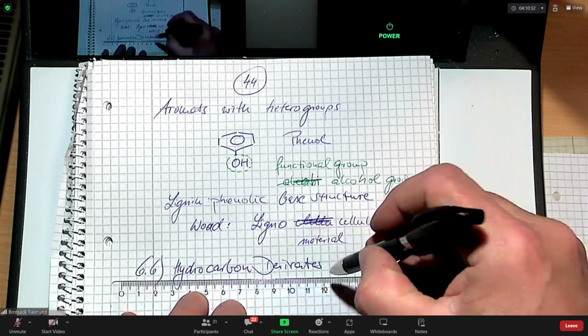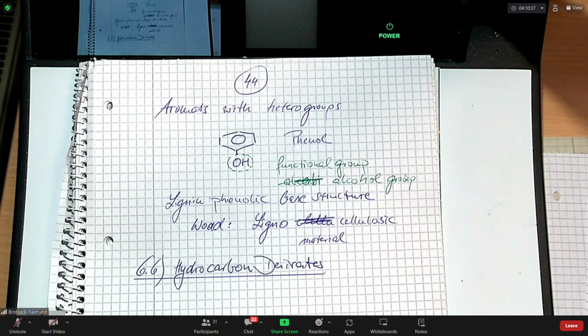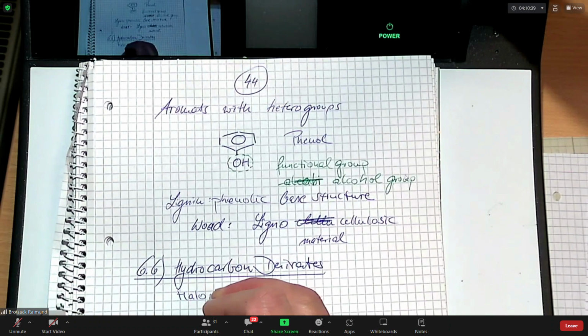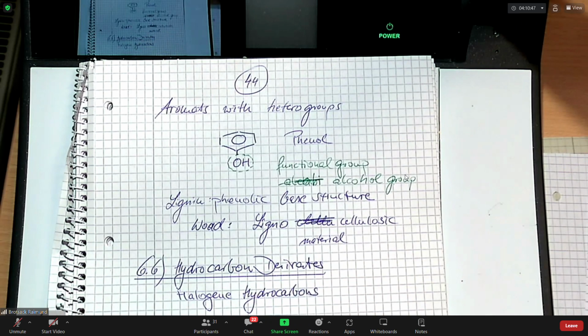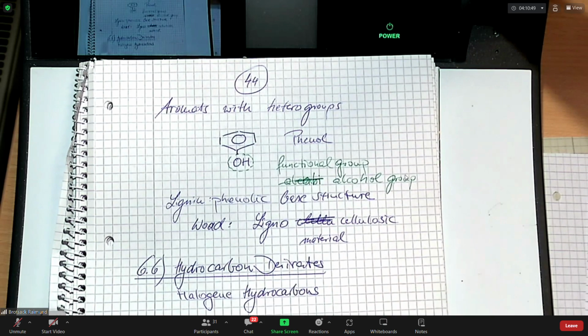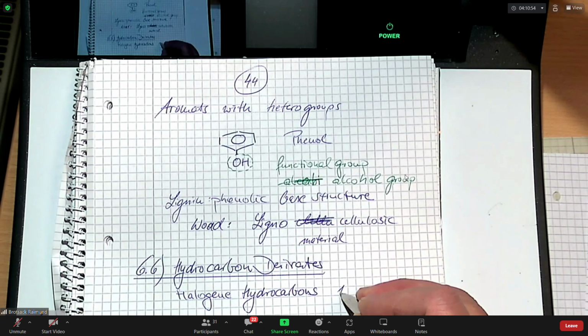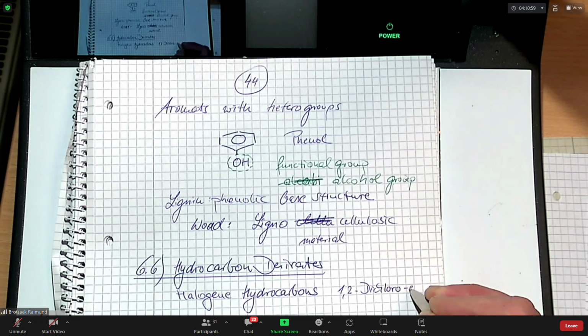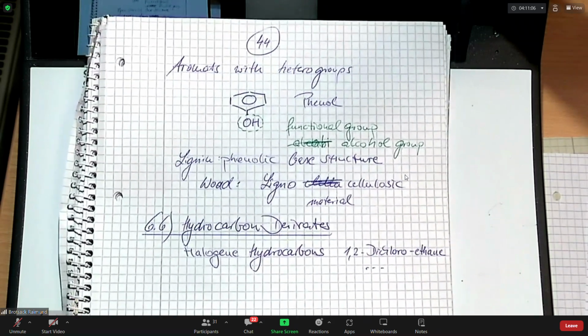Even here we started to talk about derivatives, it's not the halogen hydrocarbons. Look to the 1,2-dichloro, for example. And we had some others. These are the halogen.